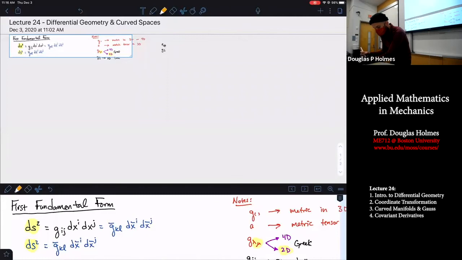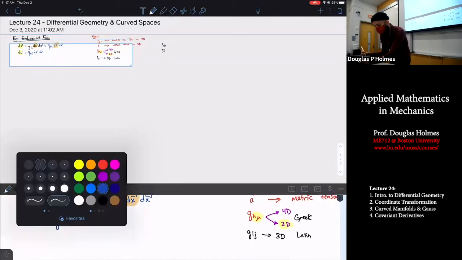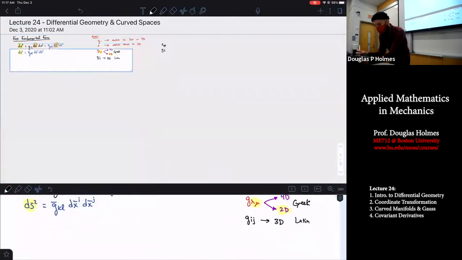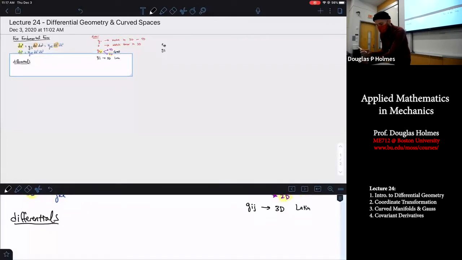And what I'm going to write down is actually something you've probably seen before, but in a different way. You've probably seen that from just ordinary calculus, you might be able to take one of these differentials.